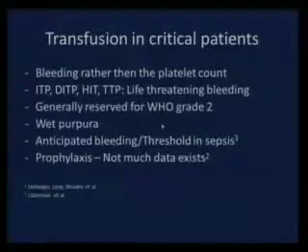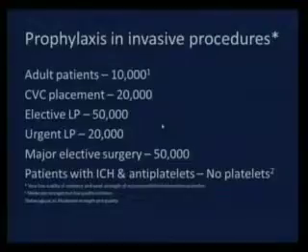Prophylaxis, I'll talk about prophylaxis, but there is very little data about the use of platelet transfusions for prophylactic purposes. So this I have gathered from different sources and the article Dr. Marion gave me.